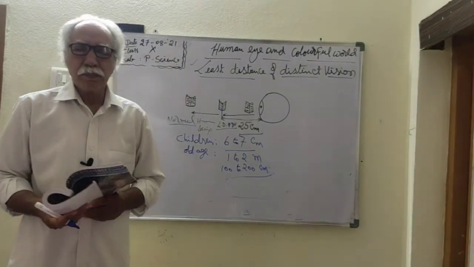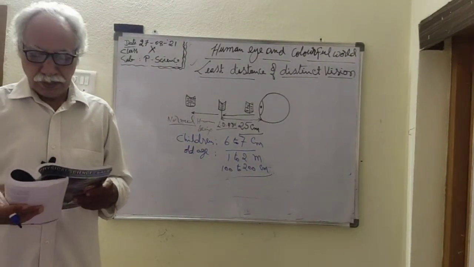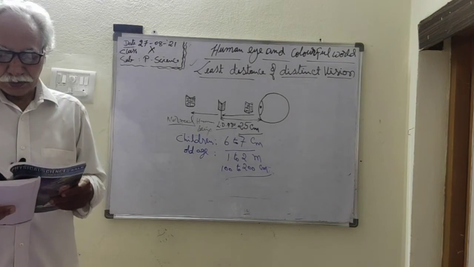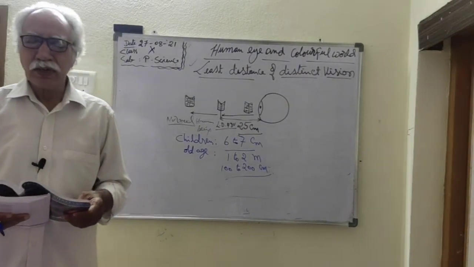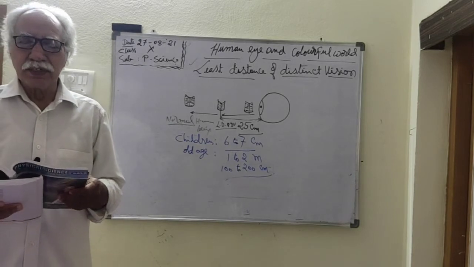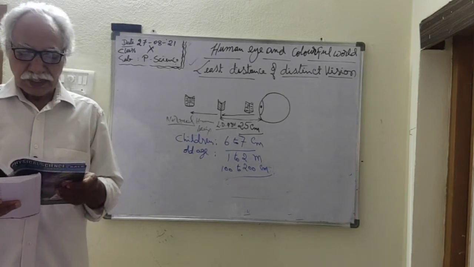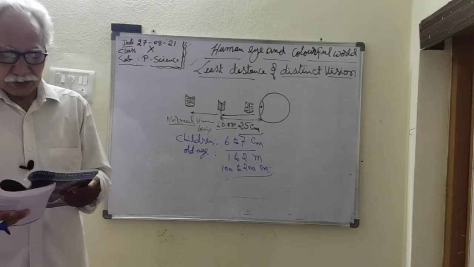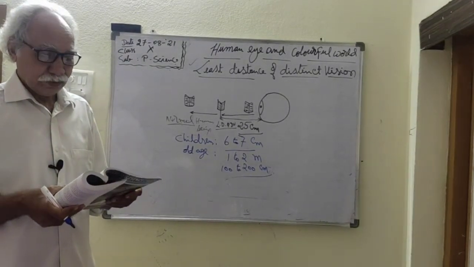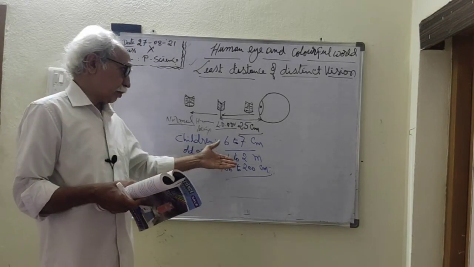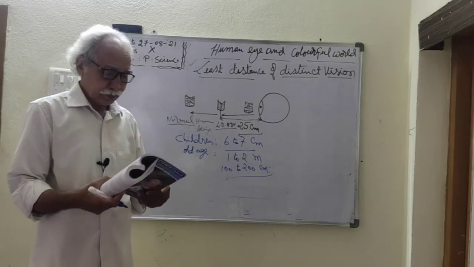Because the muscles are not flexible, they are stiffened, so the muscles cannot sustain more strain in old age. Hence the least distance of distinct vision shifts to a large value, about 100 to 200 centimeters, that is 1 to 2 meters.